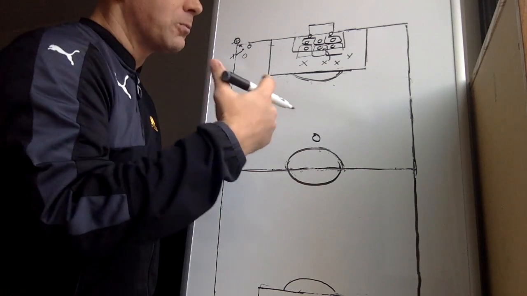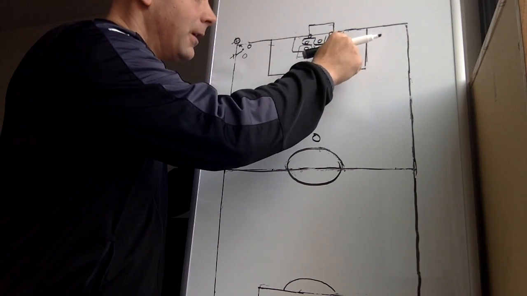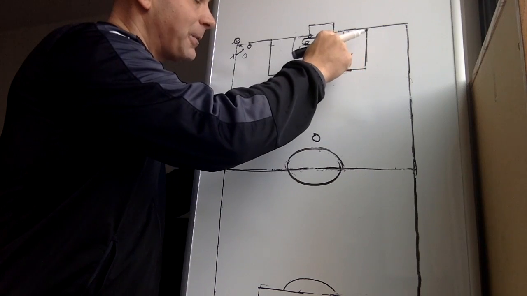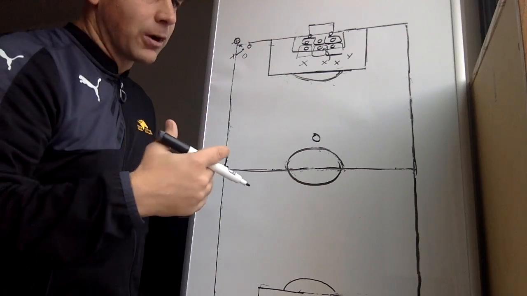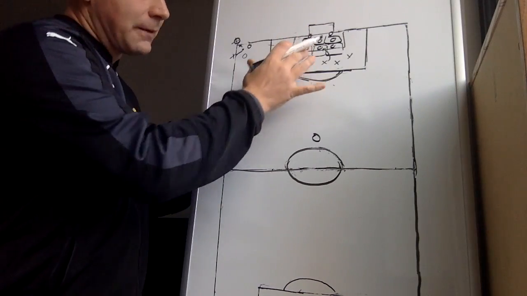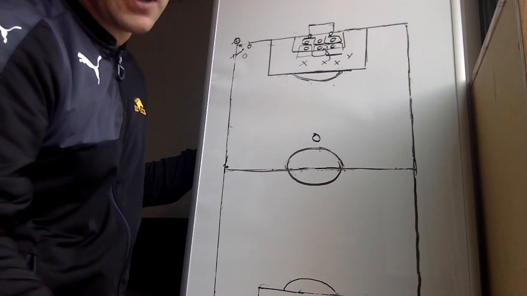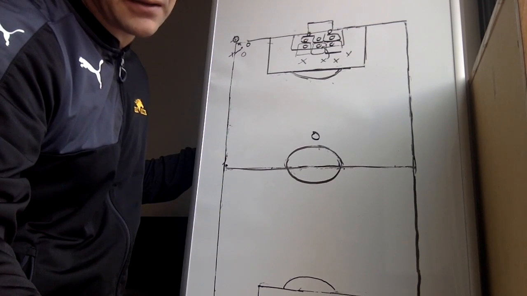It's easier to run and jump when you have a 10-yard run-up compared to someone who is just trying to guard their zone and has no running. So this is a zone, and the next one I'm going to show you is a combination of zone and man-to-man.